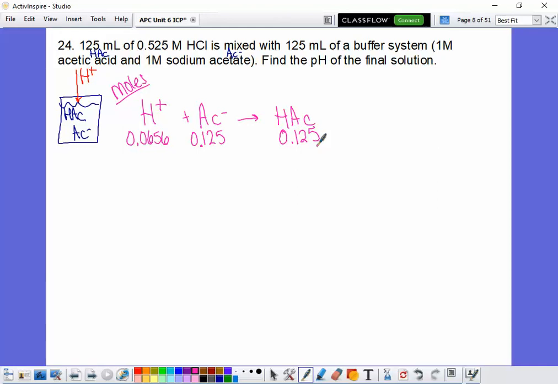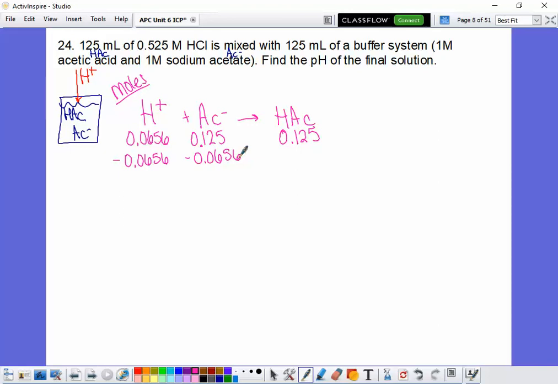It's the one with the smaller value for the moles. It's the smaller number of troops in this battle, in this invasion. So all of my H plus are going to be used up. And that same number of AC minus is going to be used up because it's a 1-to-1 ratio.